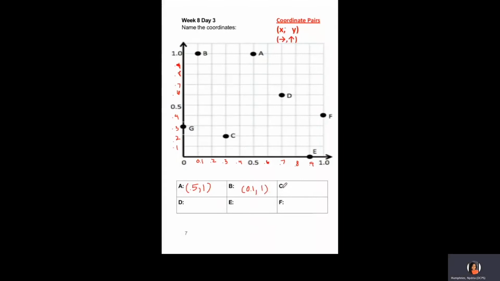All right, let's go to C. So we go across our x-axis. So x is 3/10. See that here. And so our x-axis is 3/10, and our y-axis is 2/10.